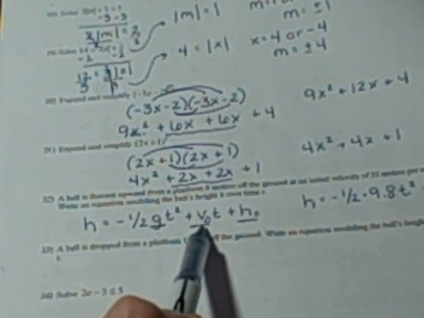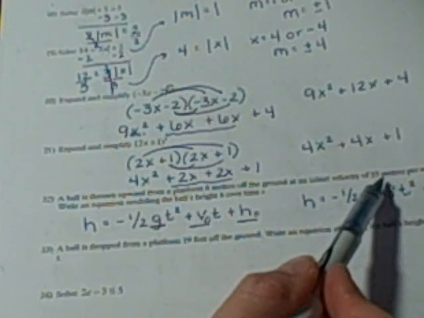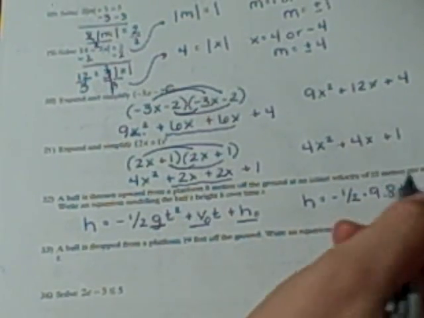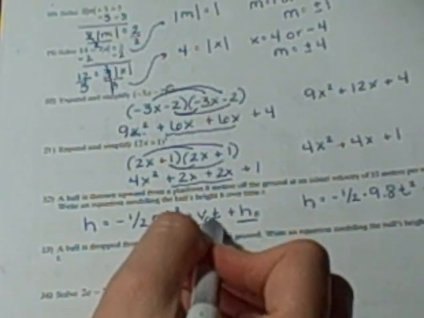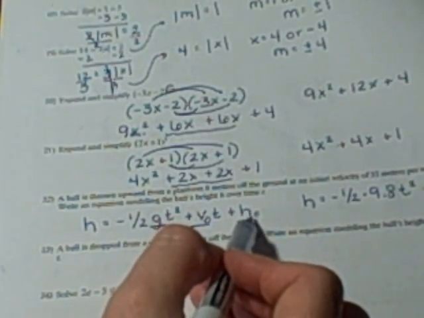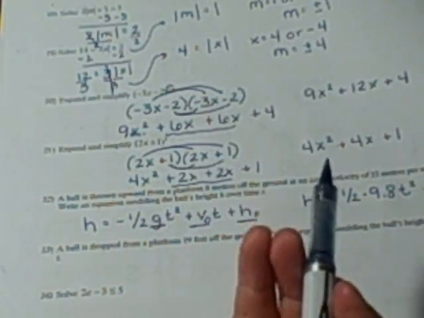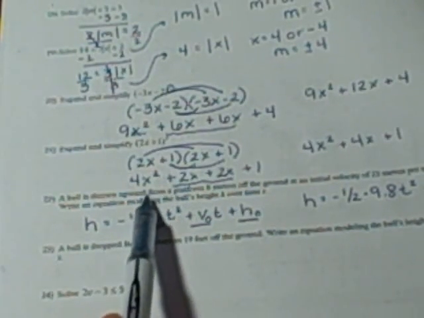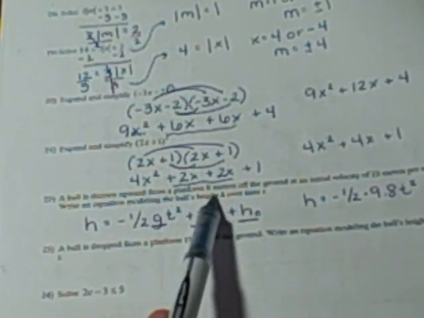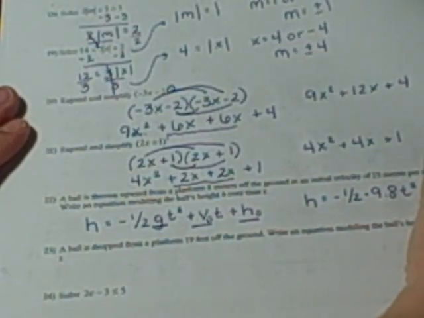The v sub 0, that stands for your initial velocity, and it gives us right in the problem that the initial velocity is 23 meters per second. So that'll be 23t. Again, keeping that t from the original formula. And then h sub 0 is your initial height. It's the height that your object is starting at. Well, it looks like our object is starting from a platform 8 meters off the ground, so I'm going to say plus 8.